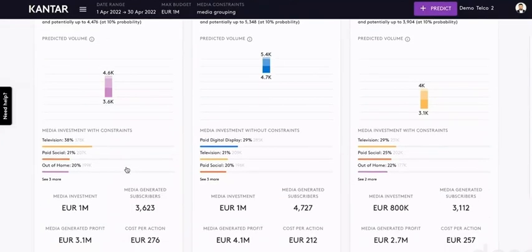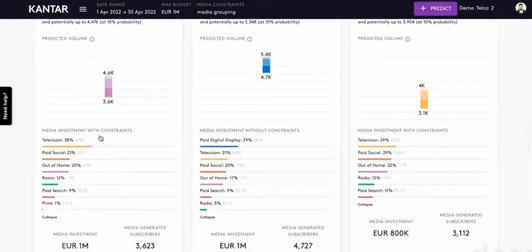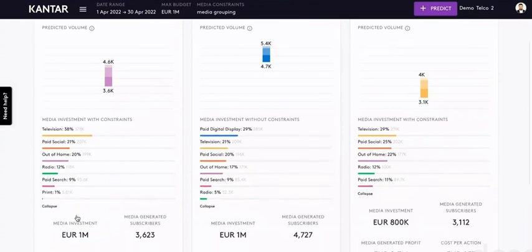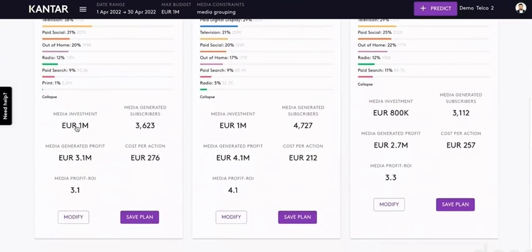And a high level overview across the different channels is also illustrated. Then you have the different attributes of the investments based on the investment level, what is the media generated outcome, and what is the media generated profit, what is the cost per action, and what is the media profit ROI.